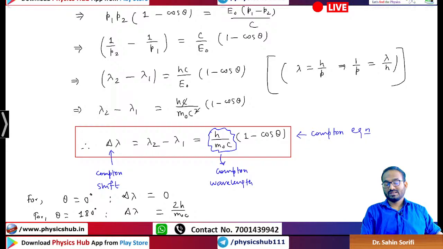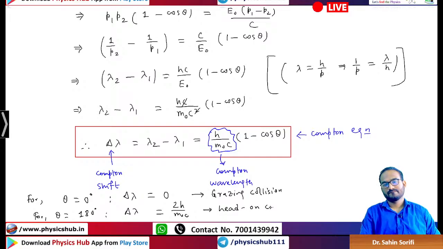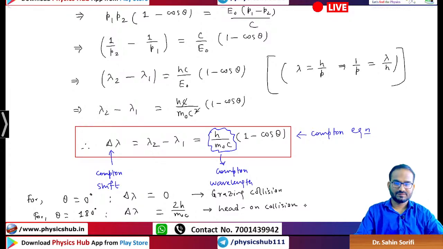So this delta lambda varies between these two values. Theta equal to 0 degree, what does it mean? This is known as grazing collision. And 180 degree means you are sending a photon and it is turning back. This is known as head-on collision. I hope this is understood.